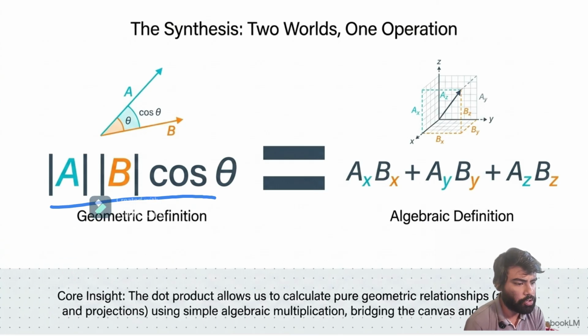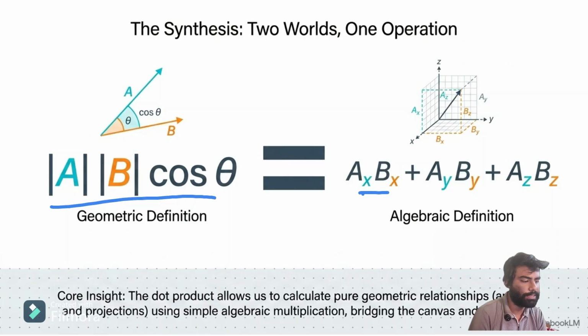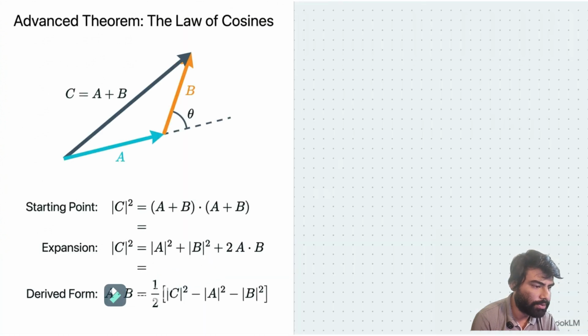It is more of a geometric definition, because there is an angle. And another is the algebraic definition, what you have seen in the previous slide, that A dot B is equal to ax bx plus ay by plus az bz. These two different forms give you the same result, and that is our dot product.